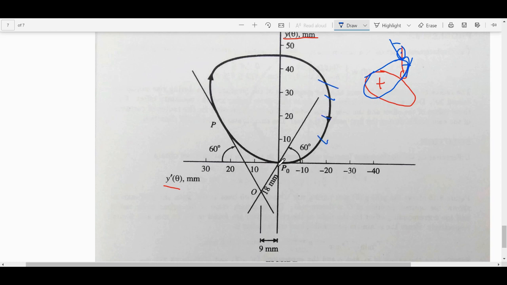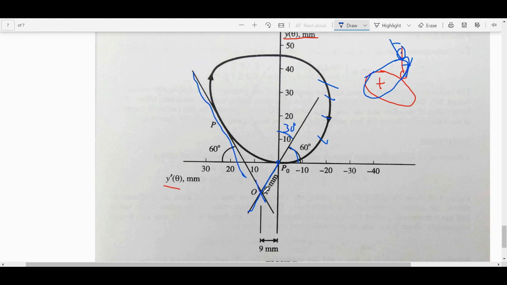This is the beginning of the rising part of the curve. This angle 60 degrees means this is 30 degrees. That's the pressure angle. So we draw a 30 degree line from here, and we draw another 30 degree tangent from here, and it intersects somewhere.